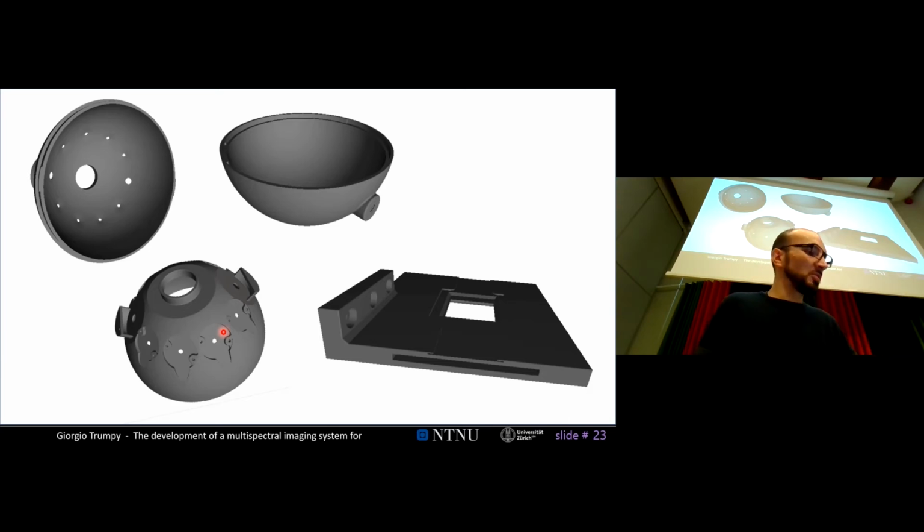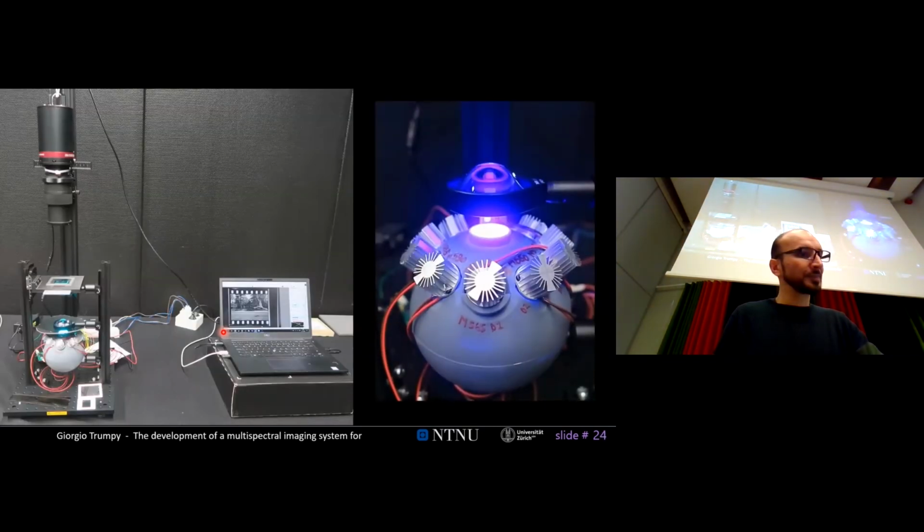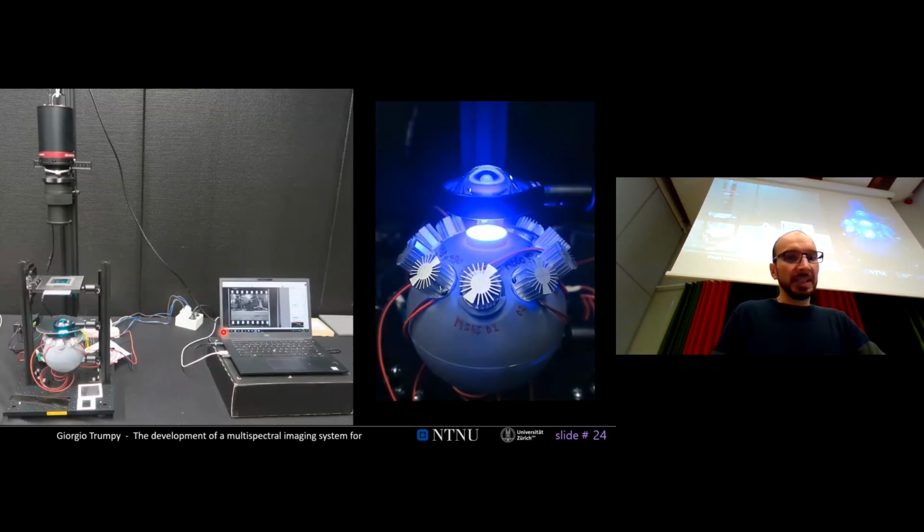You get the indications from the vendor of this liquid spectrum, let's call it like this. And you have to apply many layers before reaching this infinity thickness.